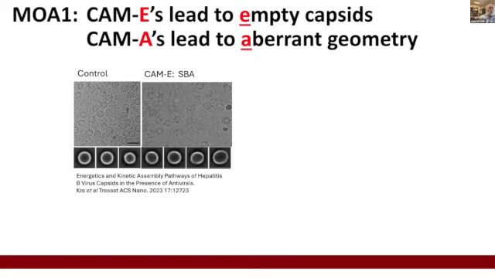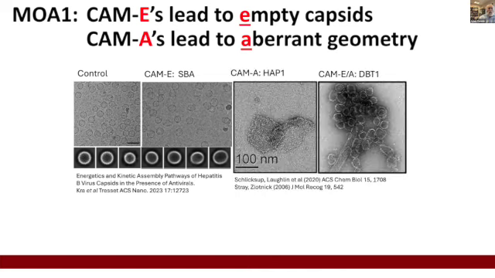In the presence of a CAM-E, we should expect more of the same. However, and this is a classic CAM-E, sulfonyl benzamide. However, in class averages, we can see that the vast majority of these particles are actually defective. They are no longer circular.